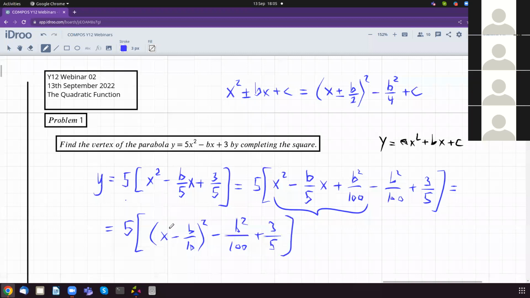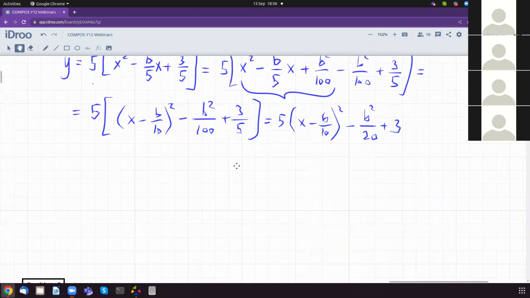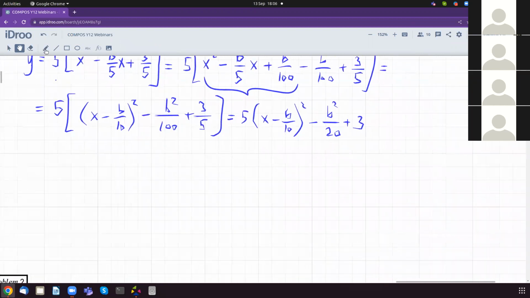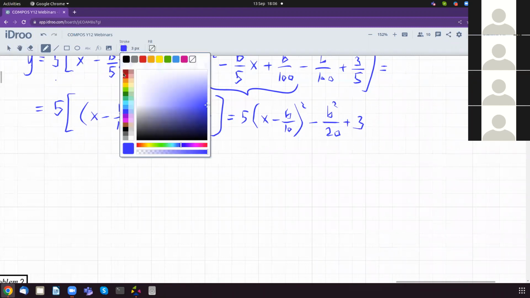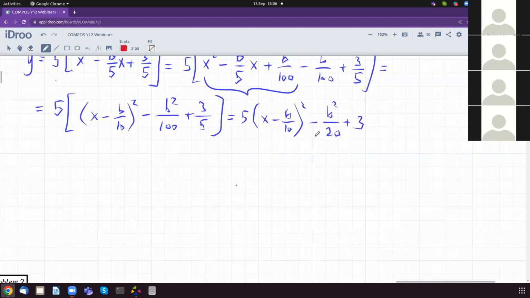And then you open the brackets. So you get 5 times (x minus b over 10) squared minus b squared over 20 plus 3. And now you look at this expression again. You see that this thing is a constant.